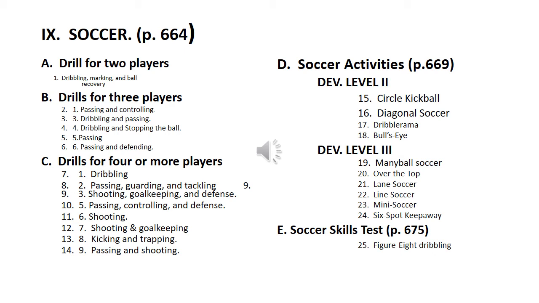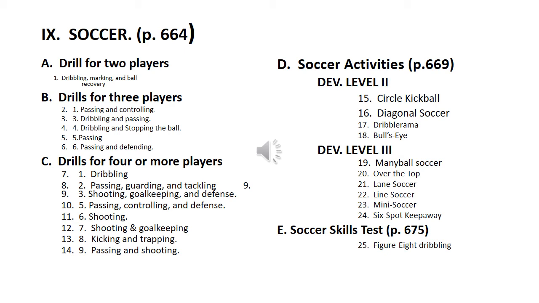Number 9 will teach number 3, shooting, goalkeeping, and defense, and there is a diagram there to be included. Number 10, passing, controlling, and defense. That's number 5 in your book. Number 11 will teach number 6, shooting, and figure 27.16. That diagram needs to be included.